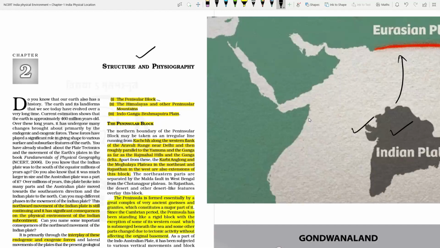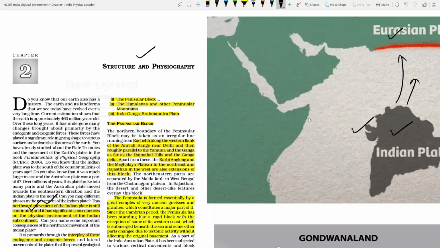The northward movement of the Indian plate is still continuing. This plate is still moving, though it is not visible presently because it has conquered the friction from the Eurasian plate.